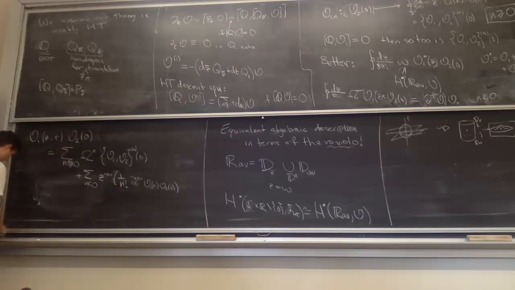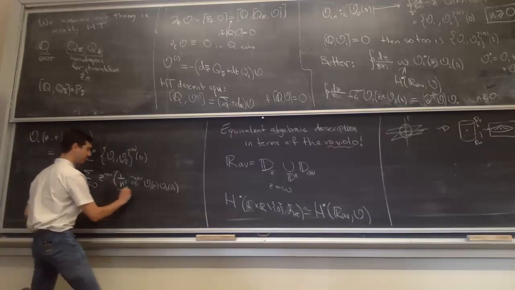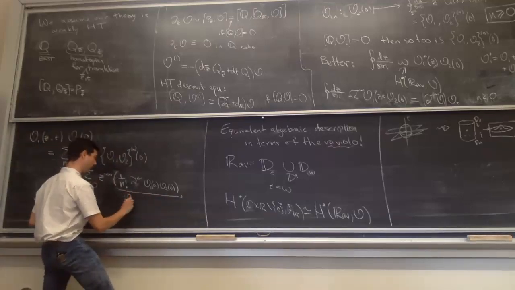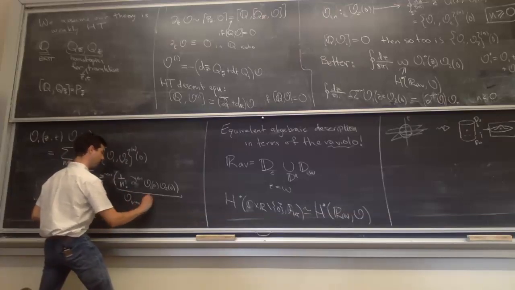And so this is exactly the form that we had before, where this term before is what we were calling O1 minus n minus 1, O2.